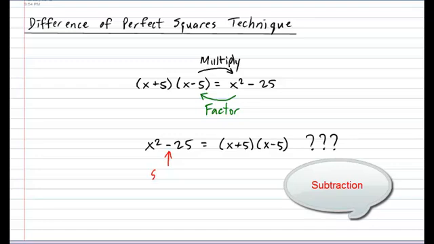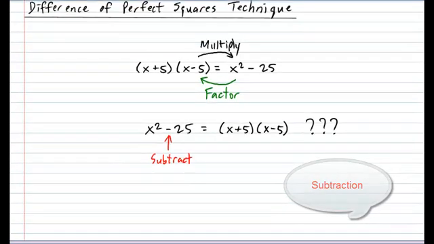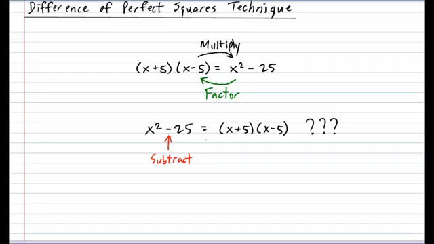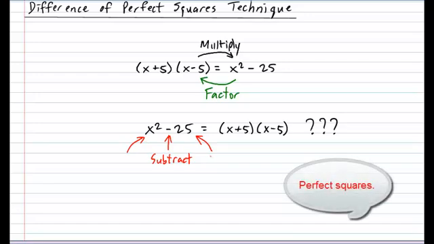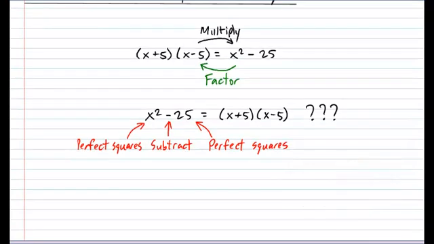It's a subtraction between two terms, and the two terms, the 25 and the x squared, are both what we call perfect squares. But what makes them perfect squares?